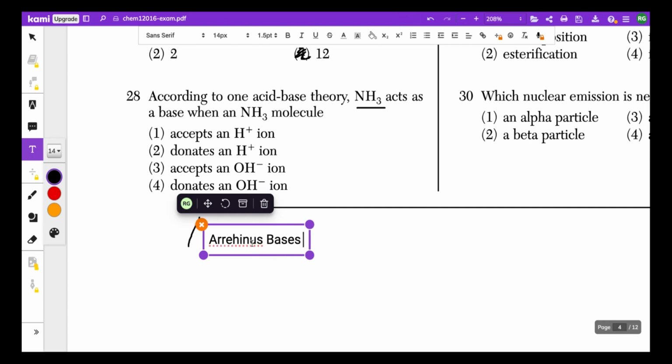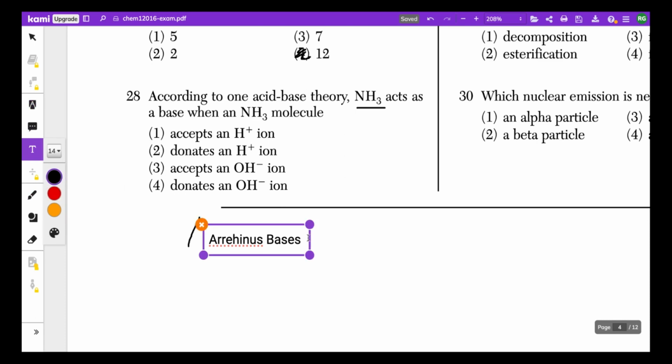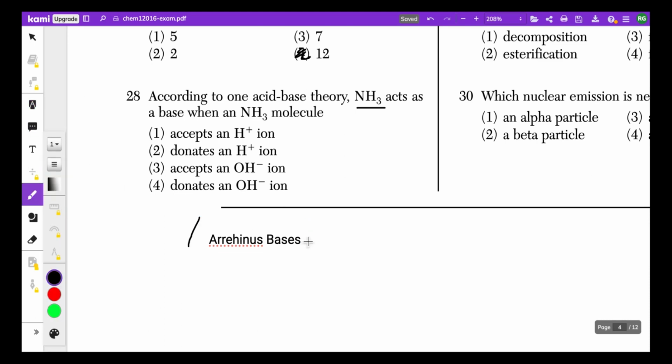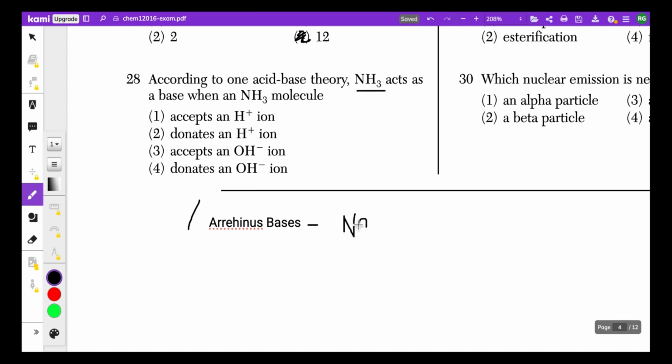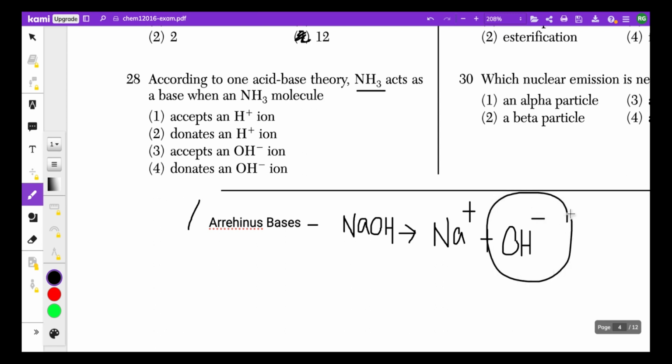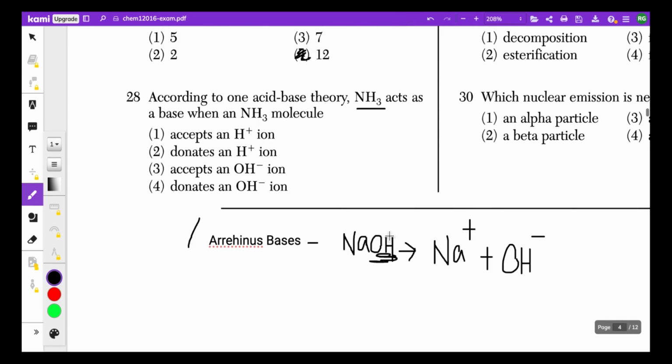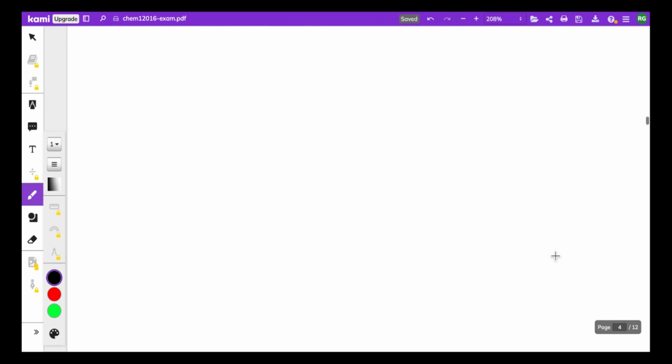Arrhenius bases are something where if you put that thing in water, for example, NaOH, it's going to dissociate into OH minus ions, okay? So that's the definition of an Arrhenius base: something that has OH in its formula, and when you put it in water, it produces OH minus ions.